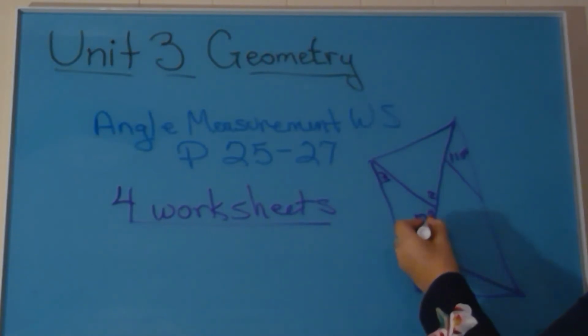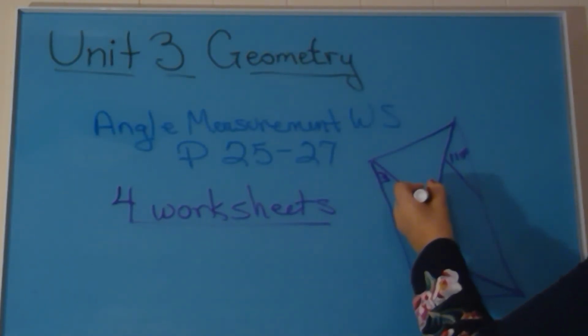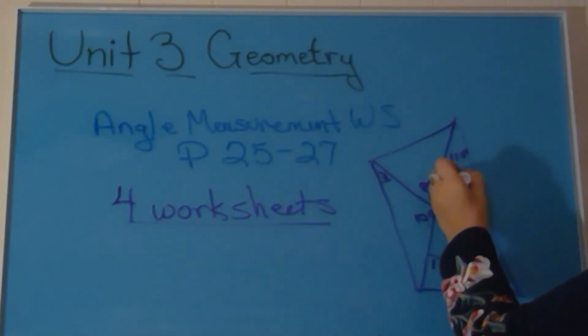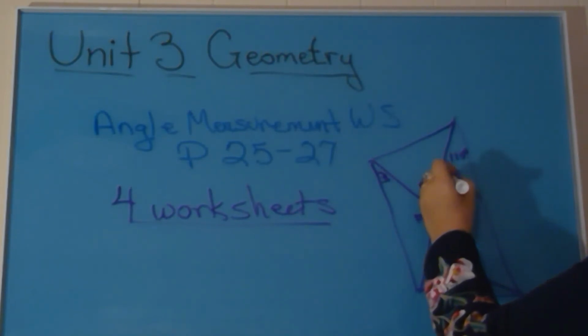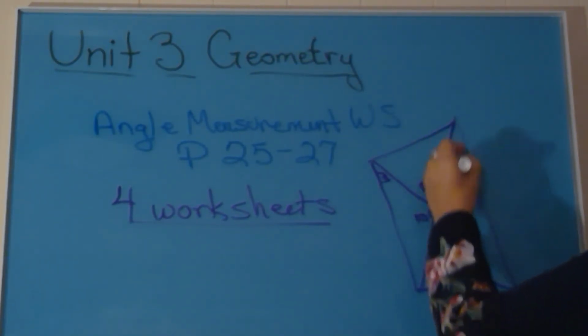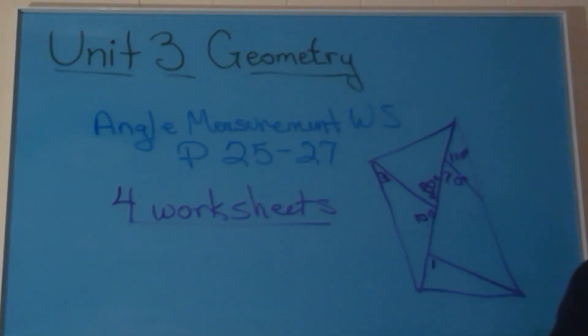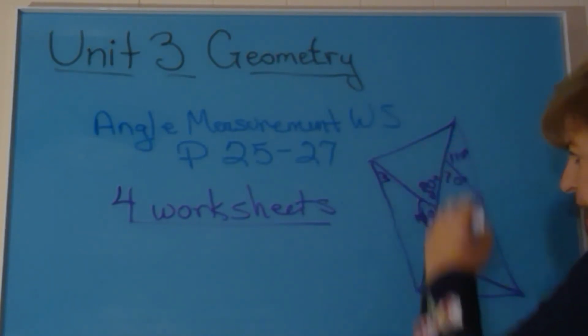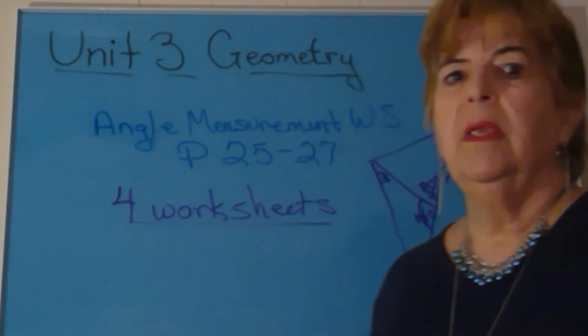For instance, if this is 100, you know that angle 2 is 80 degrees. If that's 110, that's not marked, but you know that it has to be 70 degrees because those add up to 180. And you're going to go through the whole diagram and find all of the angles. And when you find them, I want you to write the measurement inside the angle like I have here.